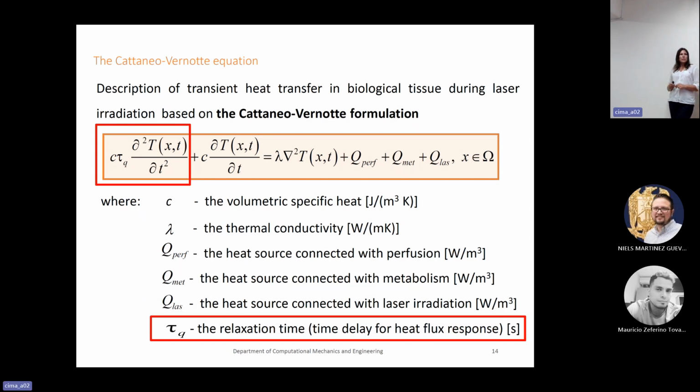And what does it mean for us if we want to solve this equation? For example, when we use the finite difference method, we must put into our formulas not only the temperature from one step before, but also another one, so 2 steps before. We must always keep in memory the calculated values.